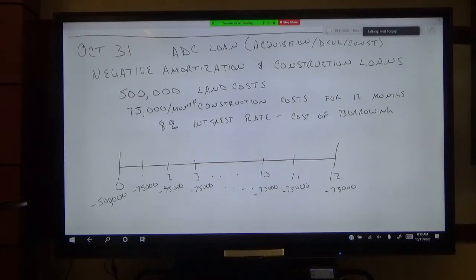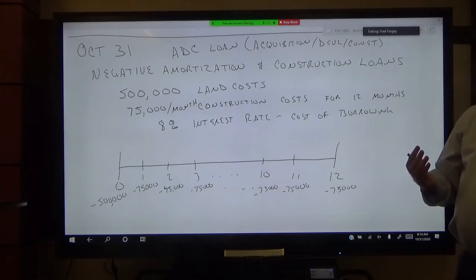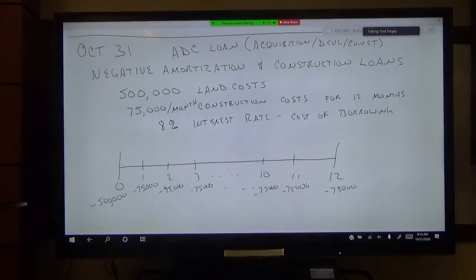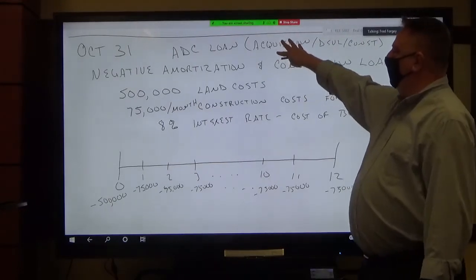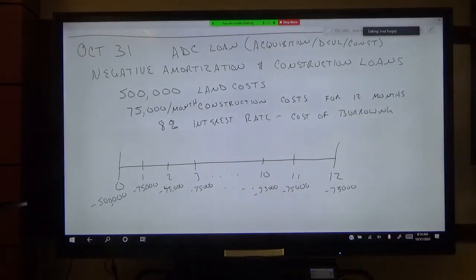Now, here's the thing. Once again, those of you that took the real estate finance class, you know loans can take on all different shapes, sizes, forms, styles. This particular loan is a little bit different than just a standard normal construction loan, in that this loan is also going to include the ability to pay for maybe the land, okay, and other costs incurred on this property.